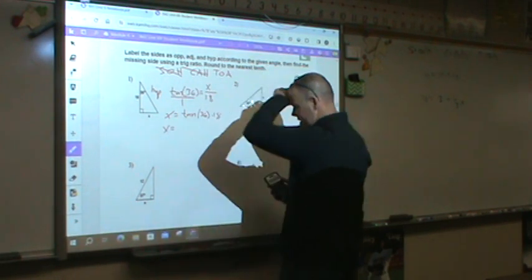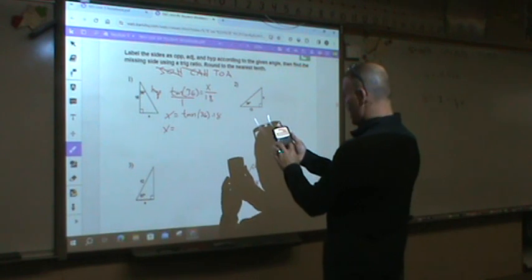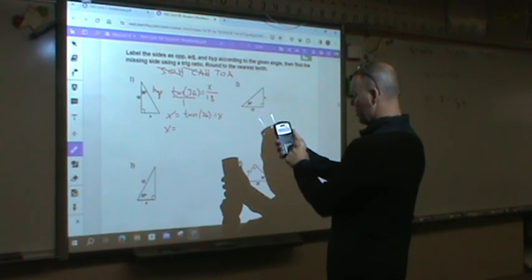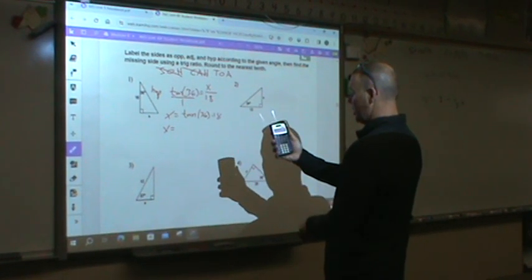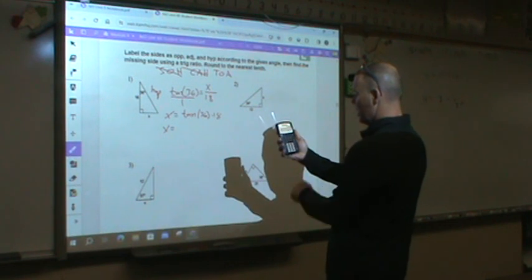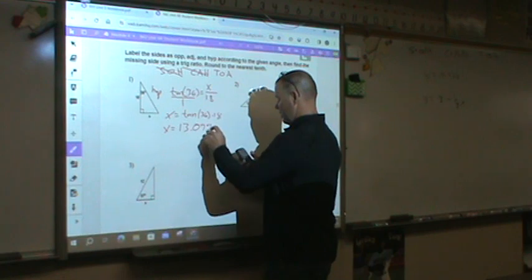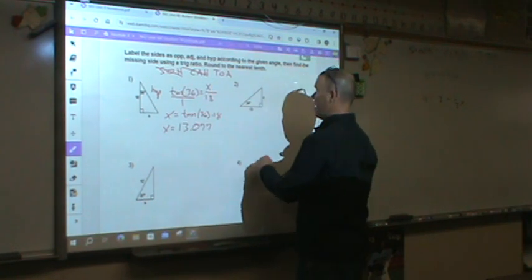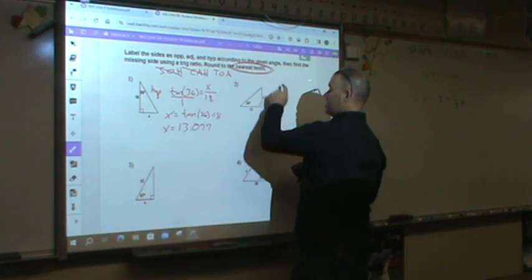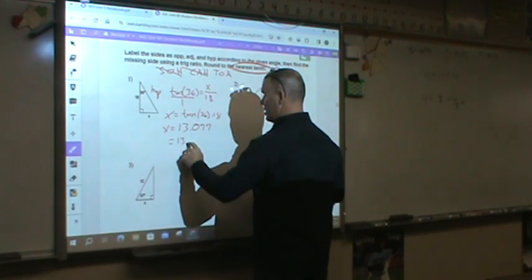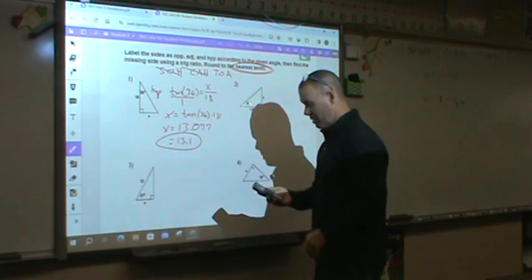Now that x is by itself, hit that tangent button, 36, close those parentheses, times 18, hit your equal sign, and it says 13.077, and a whole bunch of numbers after that. It says right here, round it to the nearest tenth. The nearest tenth is 13.1. There's your answer right there.